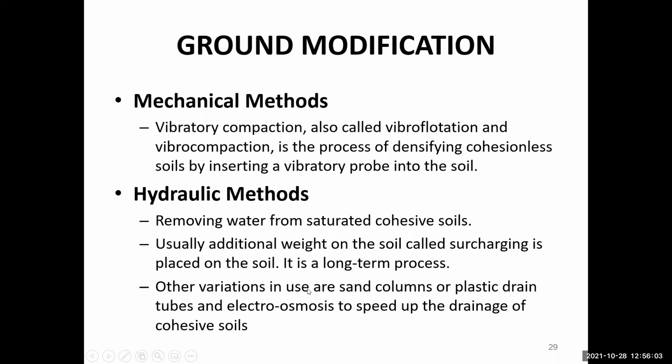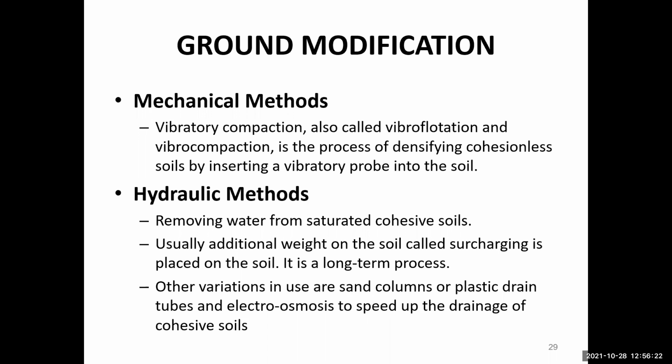Other variations in use are sand columns or plastic drain tubes, and electro-osmosis, to speed up the drainage of the cohesive soils. In the sand columns, as you can see, some holes are made in those soils, and those holes are filled with sand.